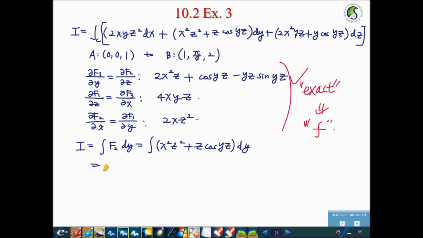And you get the same process. This is a little bit complicated because the function is complicated, but you get g of x comma z, like that. Yeah, I'm going to skip the rest, and you can practice on your own.